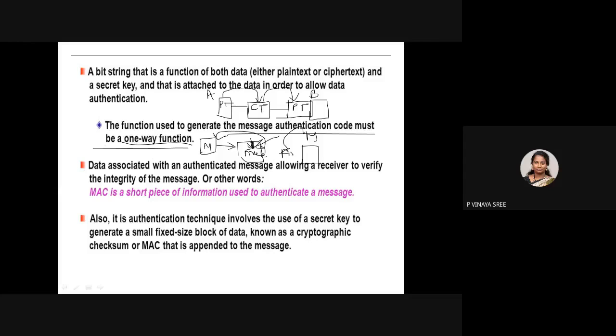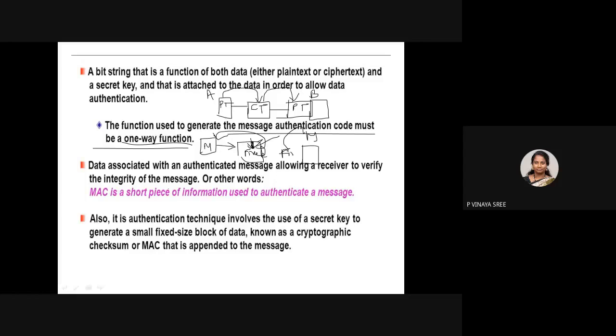So it is data associated with an authenticated message, allowing a receiver to verify the integrity of a message. If we are attaching that fixed size block, the receiver will verify the integrity of the message.